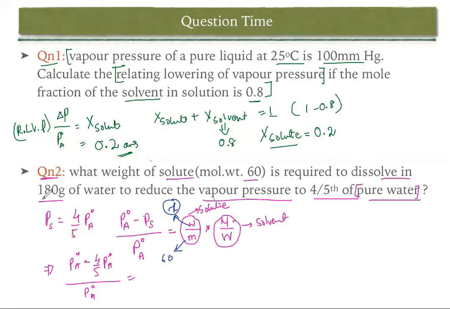For the solvent, the molecular mass of water is 18, right? And the weight of the solvent is given, that is 180. So X divided by 60 into 18 divided by 180. Solve this equation, the PA and PA cancel out. So the final result, X, we will get is 120 gram. That is the weight of solute.